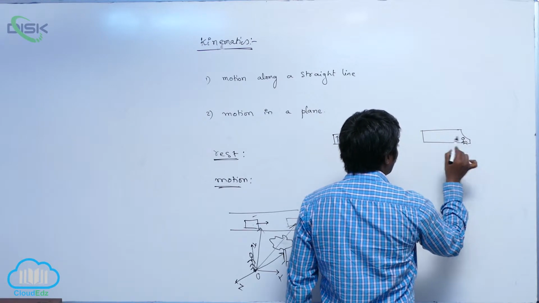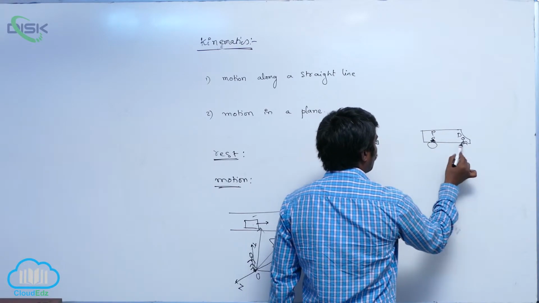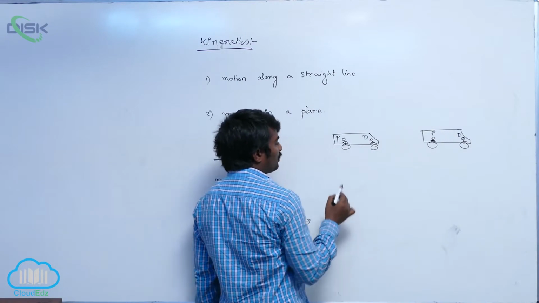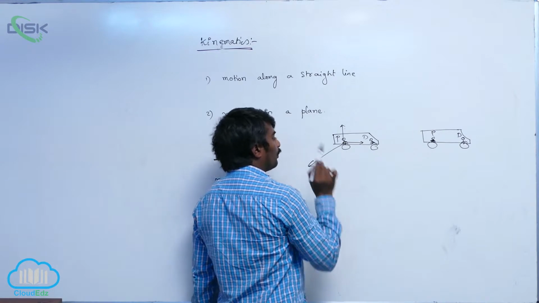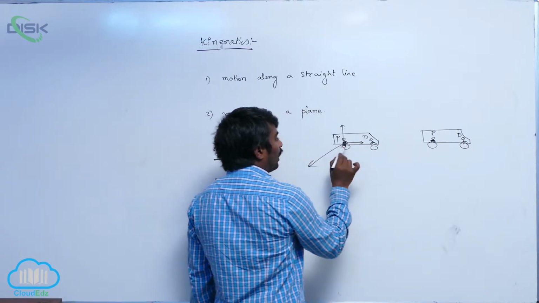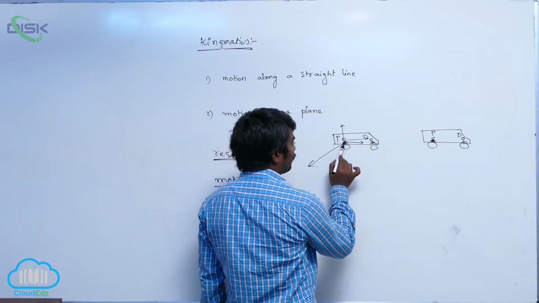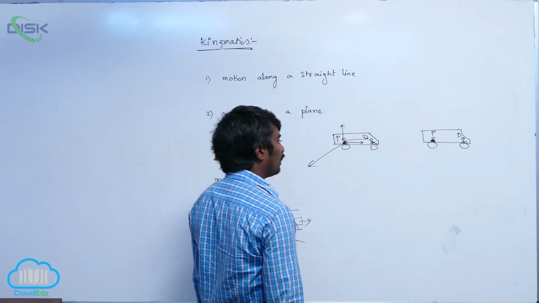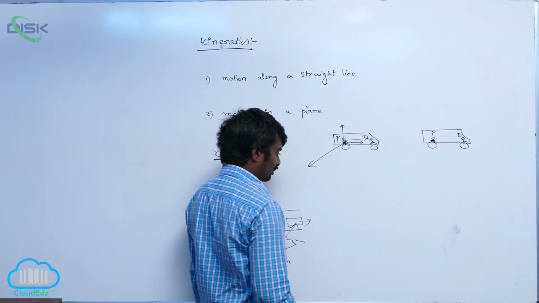Here is the driver and here is the passenger. Now with respect to this passenger, you can take this coordinate system, meaning this reference frame is called the passenger reference frame, and you take the position vector of this driver. With respect to this coordinate system, the position vector of the driver is not changing with time, so the passenger answers that the driver is at rest.